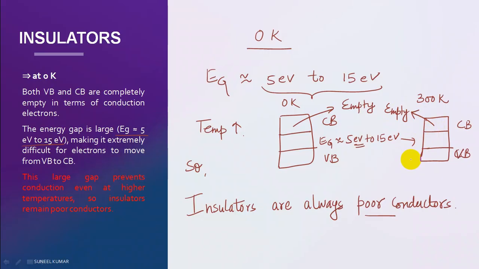So insulators are always poor conductors. What are the insulators? Insulators are basically glass, rubber, wood. These all are insulators.